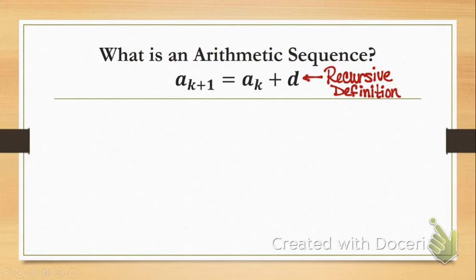Specifically, what are you doing to get the next term? Add something. We're going to be adding the same amount each time to find the next term in the sequence.